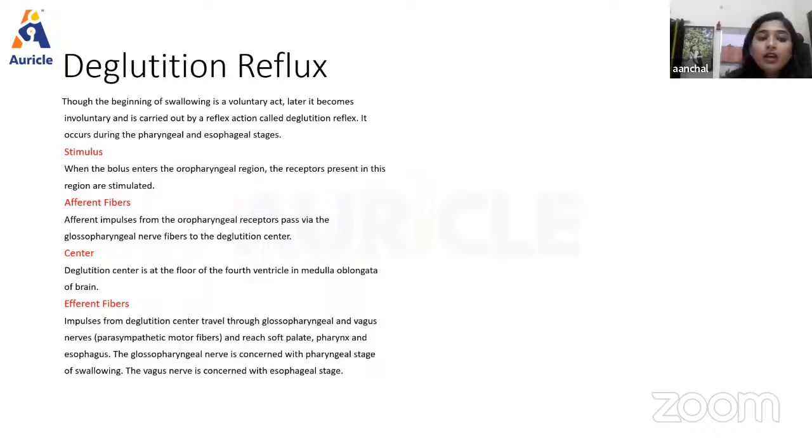The center is present in the fourth ventricle in the medulla oblongata of the brain, and the efferent impulses from the deglutition center travel through the glossopharyngeal and vagus nerves, that is parasympathetic motor fibers, and reach the soft palate, pharynx, and esophagus. The glossopharyngeal nerve is concerned with the pharyngeal stage of swallowing. The vagus nerve is concerned with the esophageal stage.